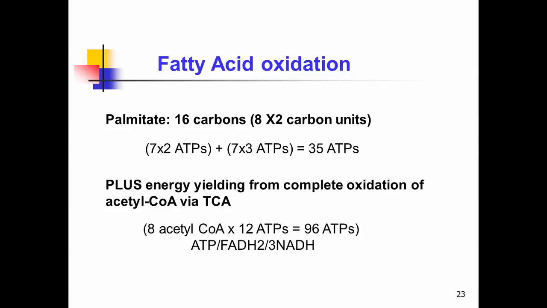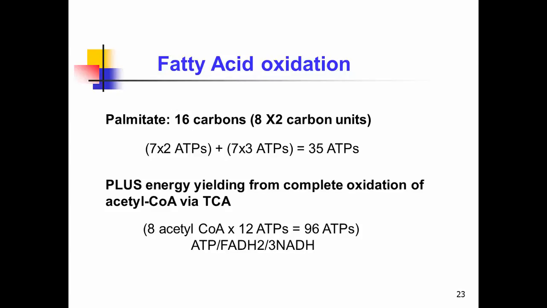Does that make sense? You know that one TCA cycle will produce 12 ATPs, remember this? So 8 times 12 is 96 ATPs. So 96 ATPs are produced from TCA cycles from 8 acetyl-CoA molecules.